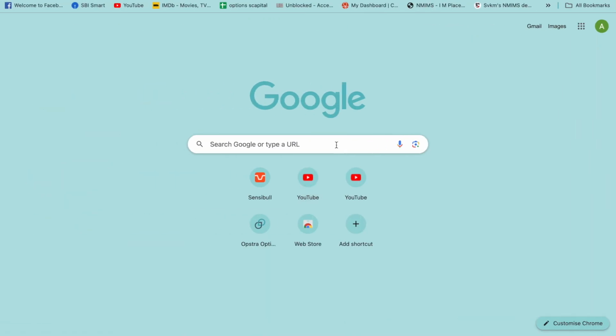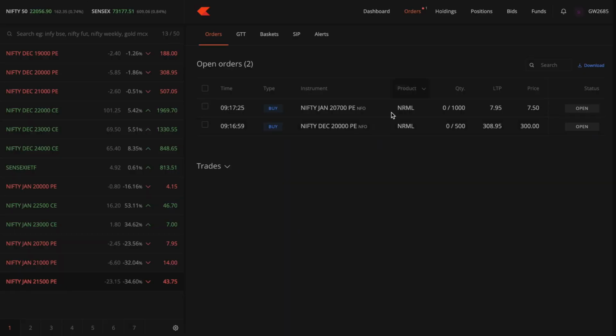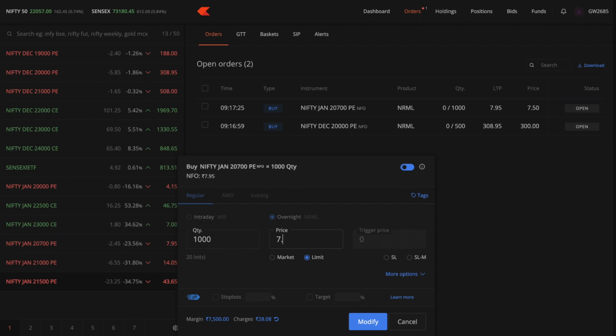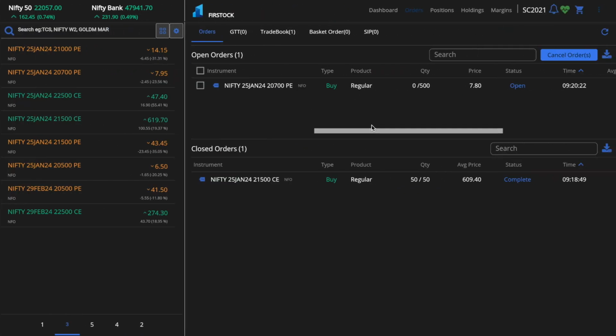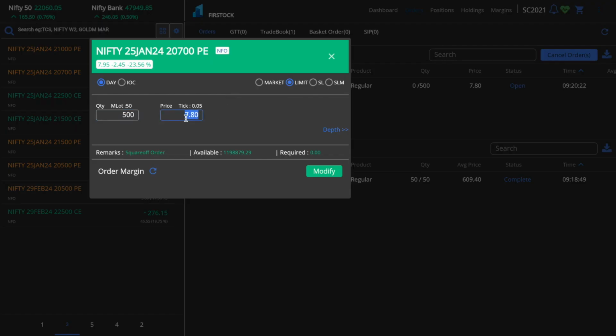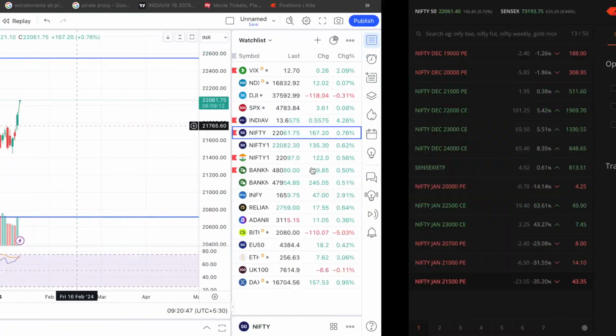Modify. It's not getting exited even at 7.8. We'll modify it again and try 7.9. Not sure what the issue is.